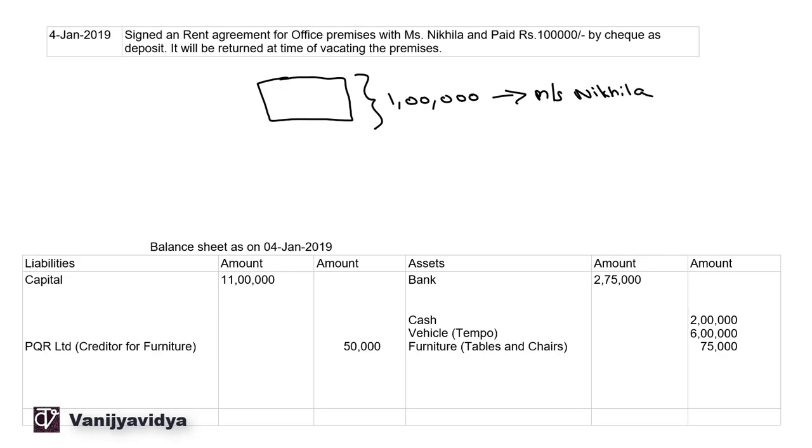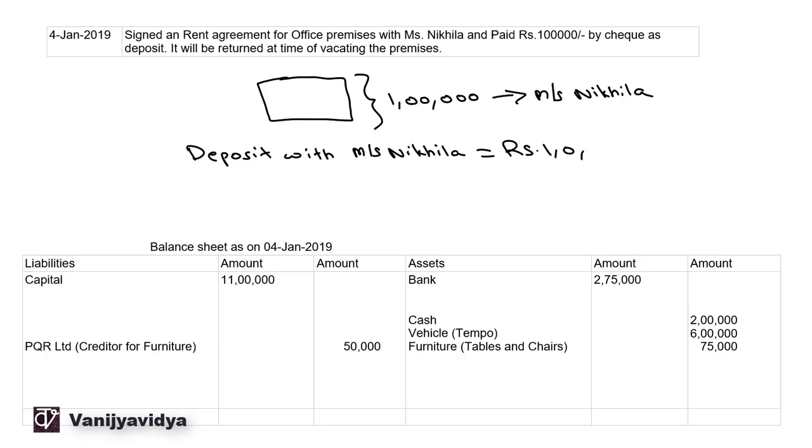Now this deposit will be returned at the time of vacating this premises. So that means Miss Nikhila owes us 1 lakh rupees which we have paid her, and we will receive it back at the time of vacating the premises.